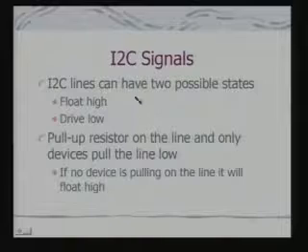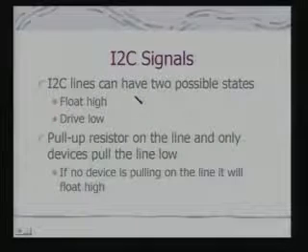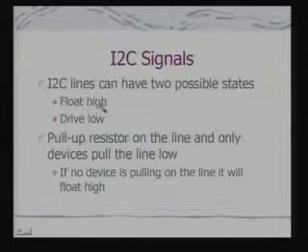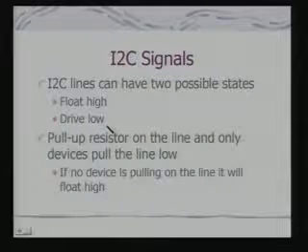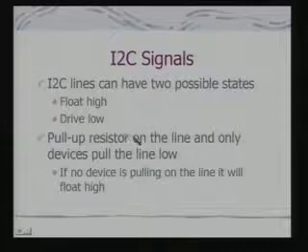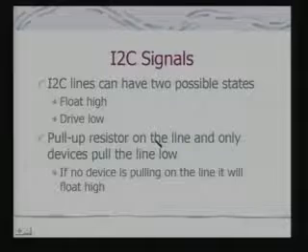I2C lines can have two possible states: float high and drive low. Pull-up resistors on the line are connected and only devices pull the line low. If no device is pulling on the line, it will float high. That means by default the I2C signals will always be high.